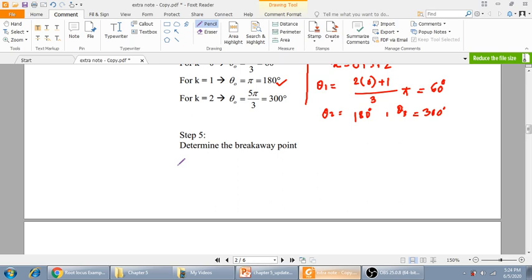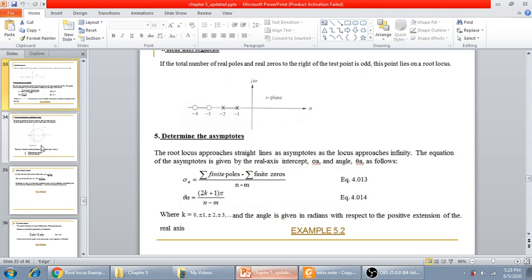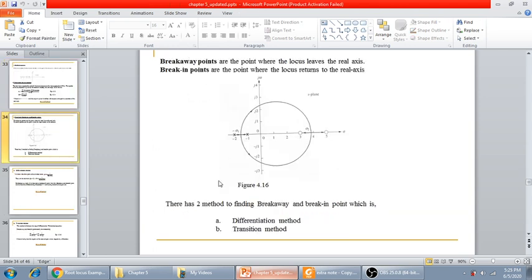There are 2 points actually, breakaway points and break-in points. So let's discuss the breakaway points first. If you remember the last class, I said there are 2 methods, differentiation and transition. We use differentiation.